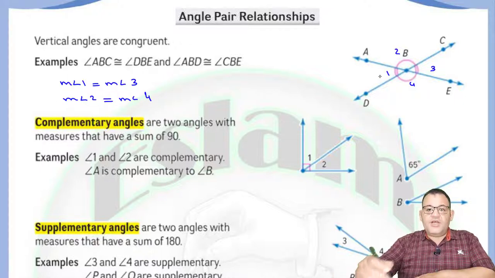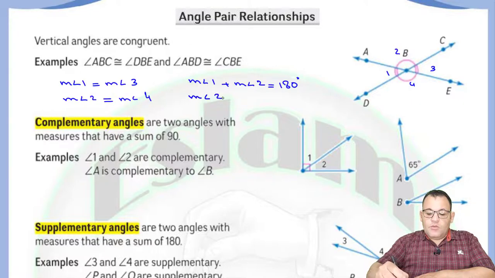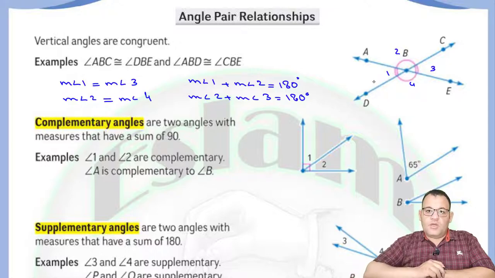And we have here linear pair angles. So the measure of angle 1 plus the measure of angle 2 equals 180. The measure of angle 2 plus the measure of angle 3 equals 180, because they are angles drawn on the same straight line. The measure of angles 3 and 4 equals 180. And 4 and 1 equal 180.